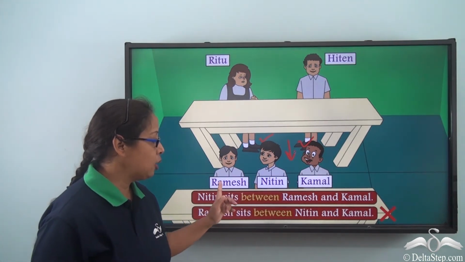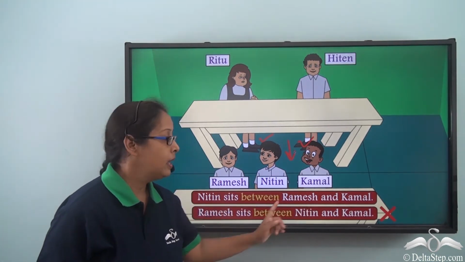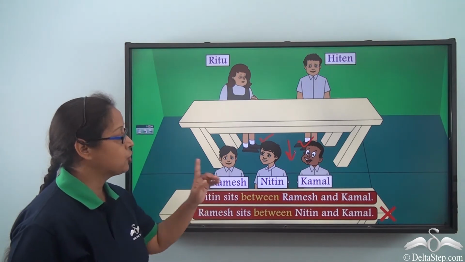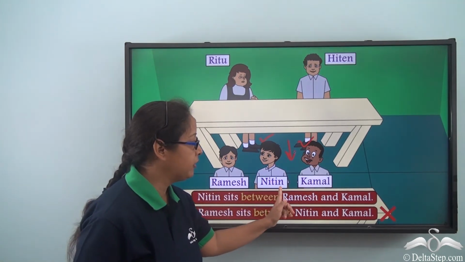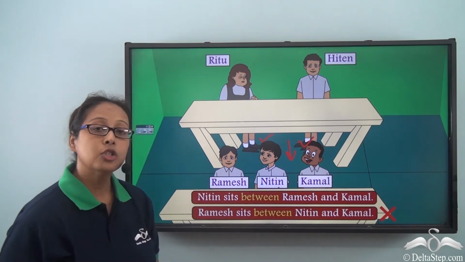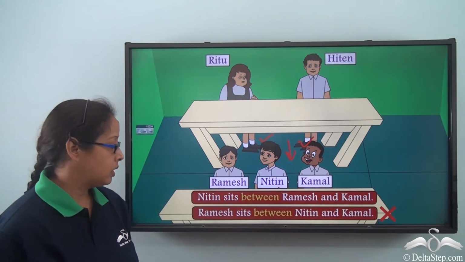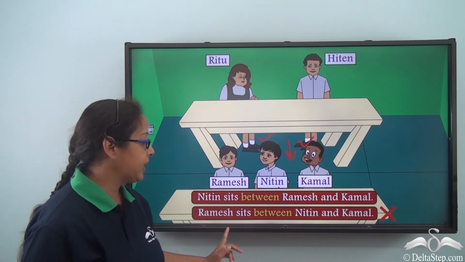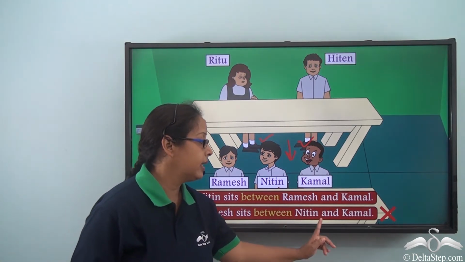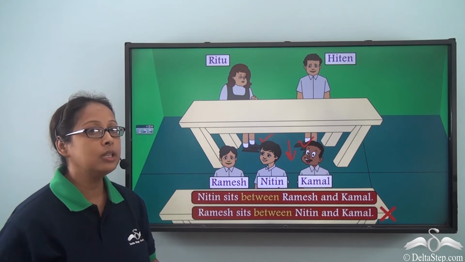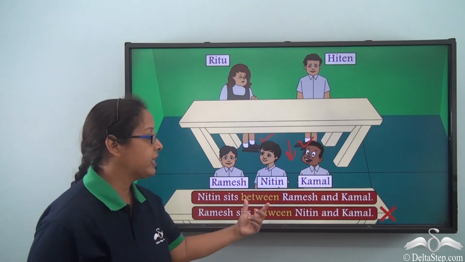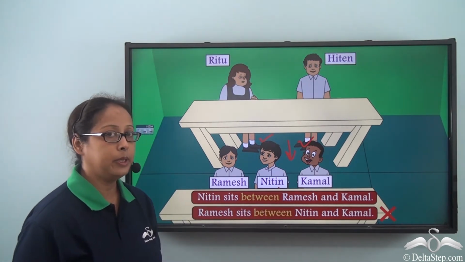Nitin is in the middle of Ramesh and Kamal, but Ramesh is not in the middle of Nitin and Kamal. So that is not the correct option. We cannot say that Ramesh sits between Nitin and Kamal because he is not sitting in the middle of these two boys, Nitin and Kamal.